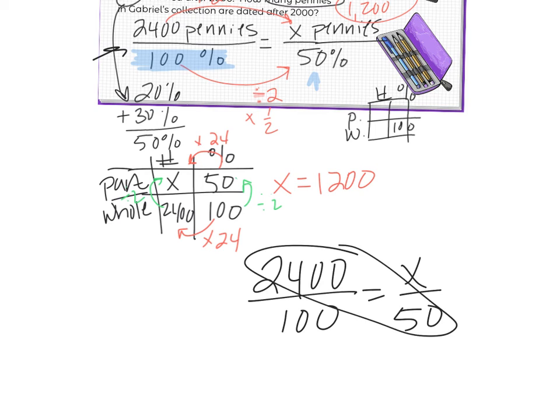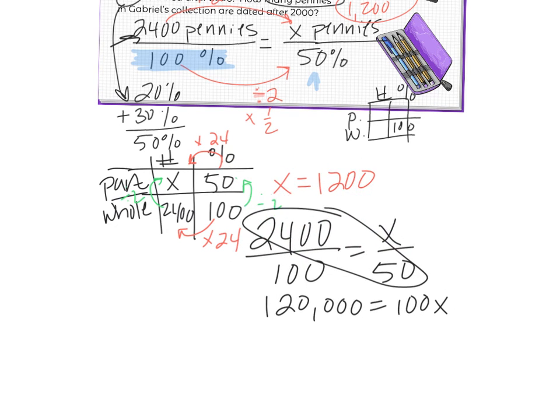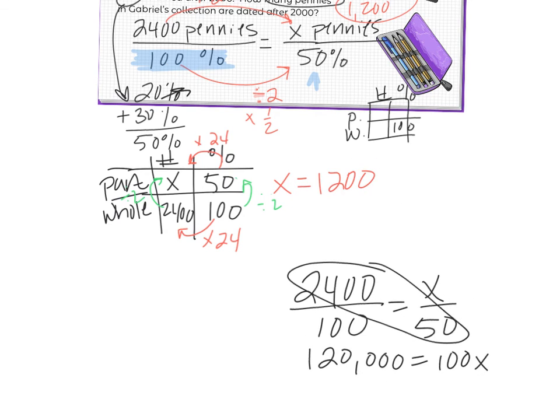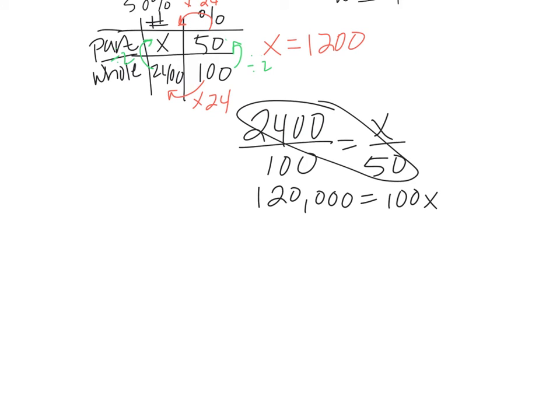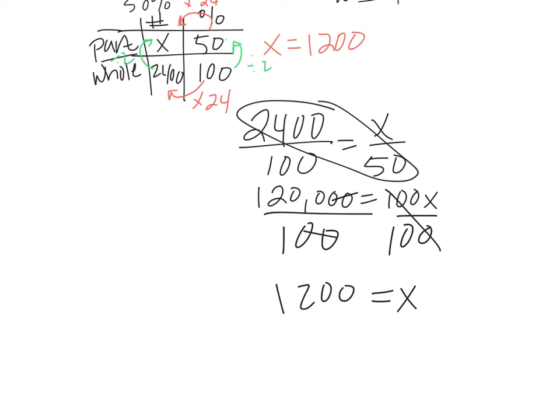You could do 2400 times 50 is 120,000 equals 100x, and then divide by 100 to undo that multiplication, that equals 1x, and that equals 1,200. Okay? Alrighty, so that's that.